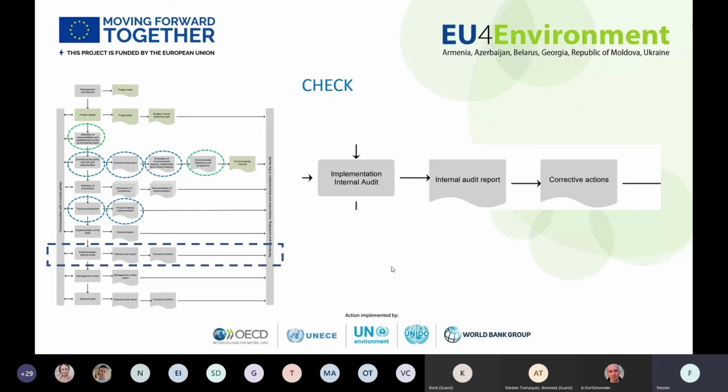We have our environmental management system now defined and in place and trained. Now, after a while, maybe 5-6 months of operation of the system, it needs to be checked, because things will have changed, gaps will have surfaced, practical implementation problems will appear.